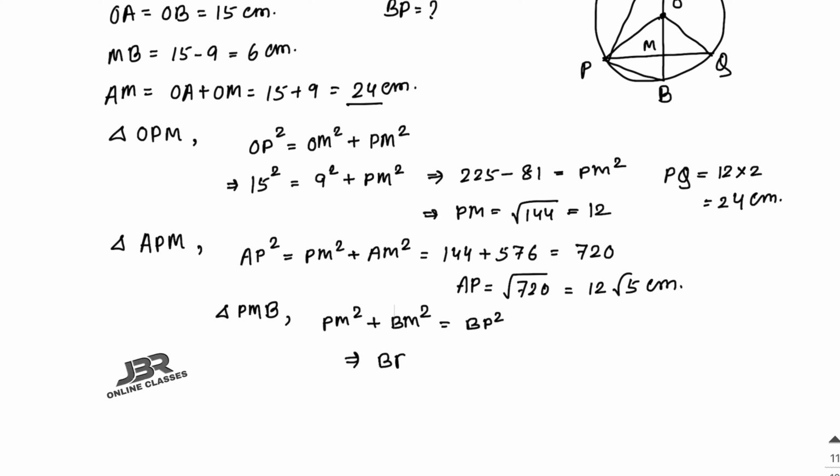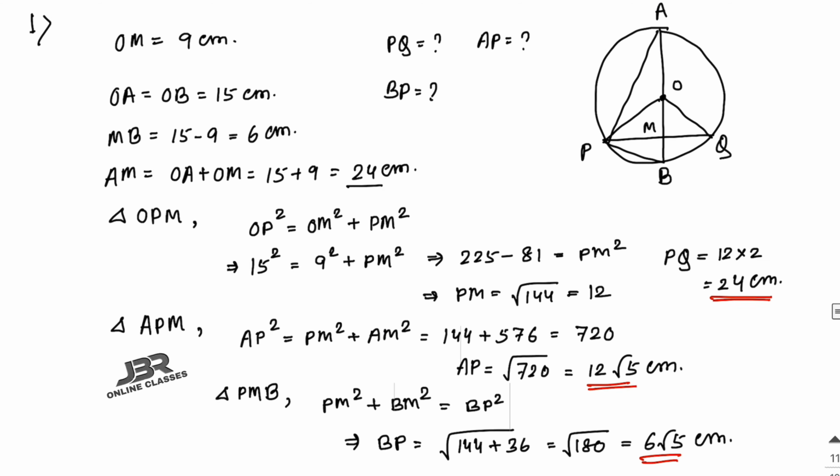So BP is equal to root over, PM is 12, so 144, and BM is 6, that means 36. So 144 plus 36 is equal to 180. So root over 180 is 6 root 5 centimeter. So first answer is 24, second answer is 12 root 5, and third answer is 6 root 5.